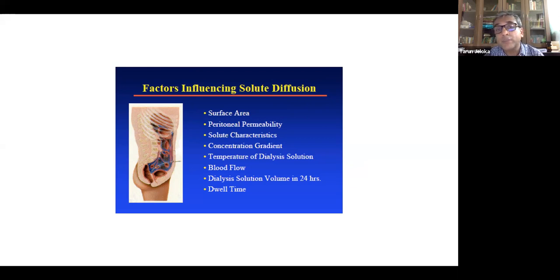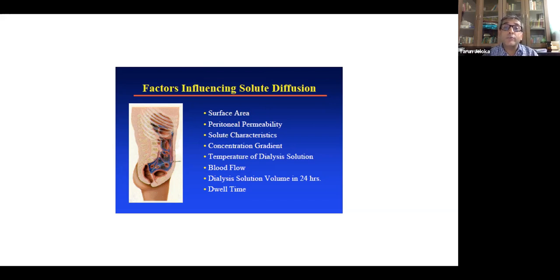one of the mechanisms you must be knowing, and might have been discussed in your respective units, is to increase the volume. So instead of increasing the number of exchanges, if you increase the volume from 2 liters to 2.5 liters of dialysate volume, what will happen? It will include more surface area of the peritoneal membrane and thereby lead to an increase in solute removal. That is one part.